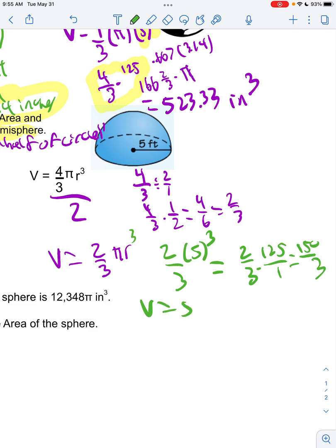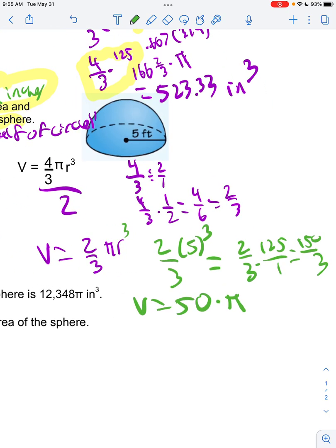So volume equals 50 times pi. So again, 50 pi if it was in terms of pi, or I could do 50 times 3.14 and get 157 again. Isn't that cool?